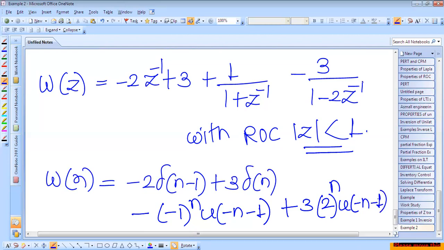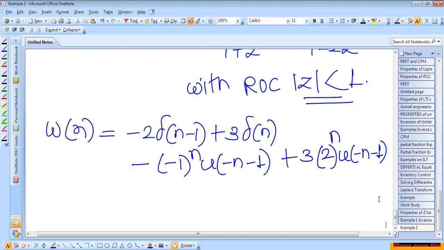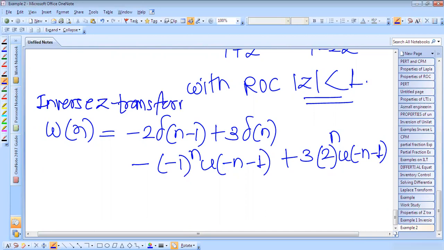Okay, so this is the inverse Z transform of our equation.